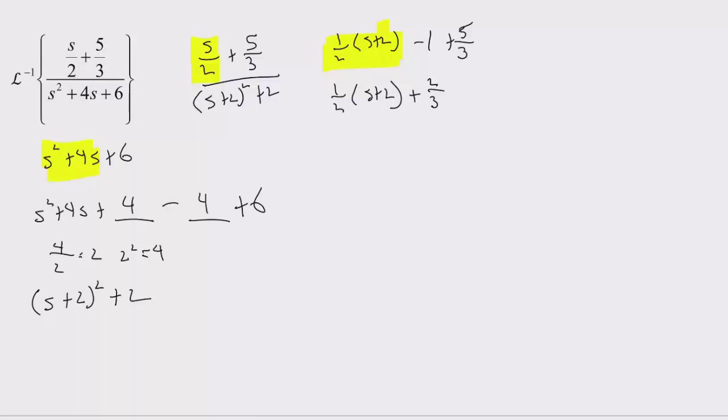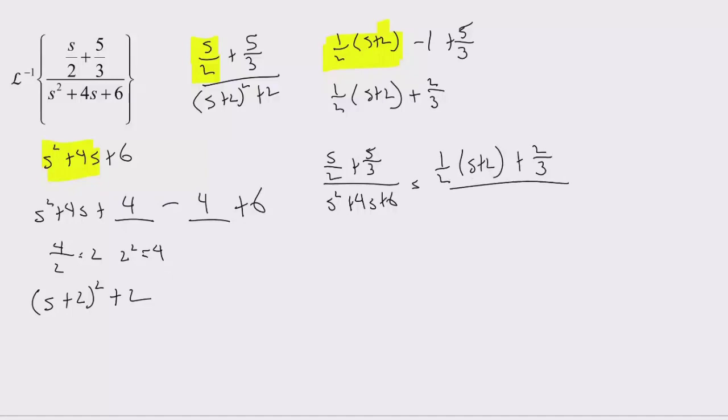Okay, so let's put this all together with what we have so far. I've converted s over 2 plus 5/3 over s squared plus 4s plus 6. I've now made that look like 1/2 times s plus 2, plus 2/3, over s plus 2 squared plus 2.